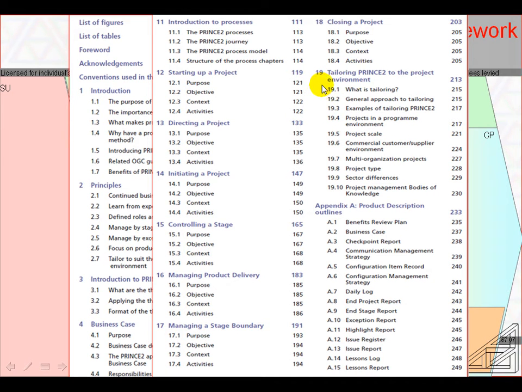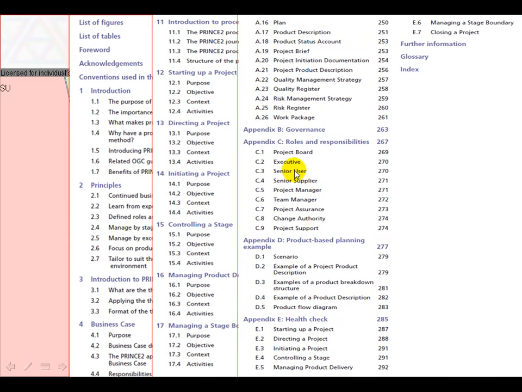Chapter 19 is the tailoring chapter and talks about the difference between tailoring Prince to a project and embedding Prince in an organisation. And then Appendix A is the product description outlines or templates. There are 26 templates running from benefits review plan through to work package.